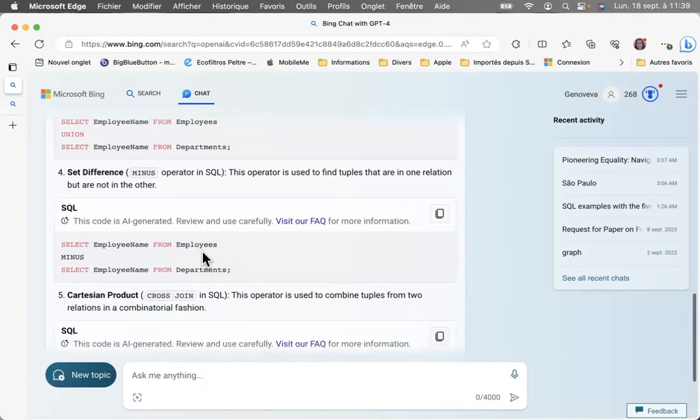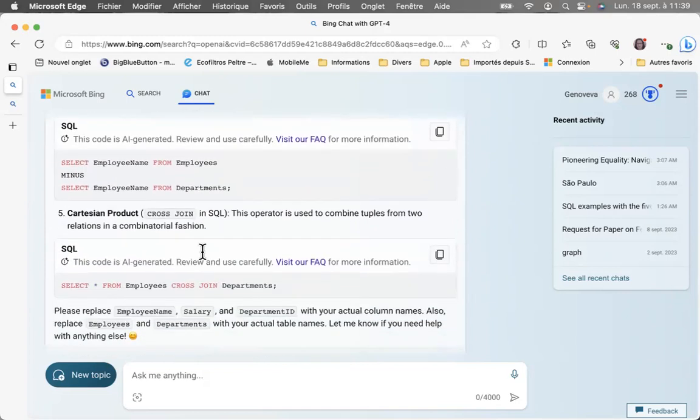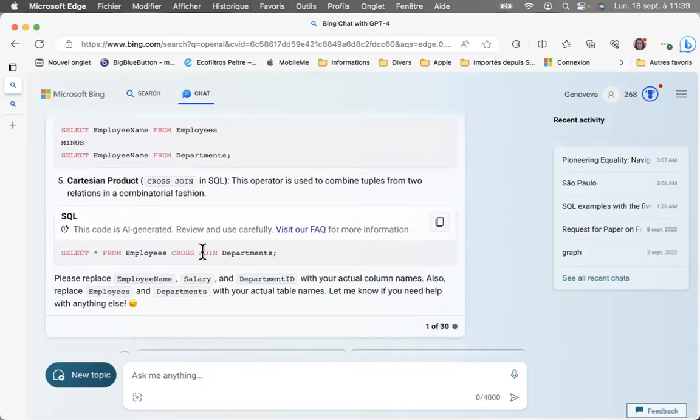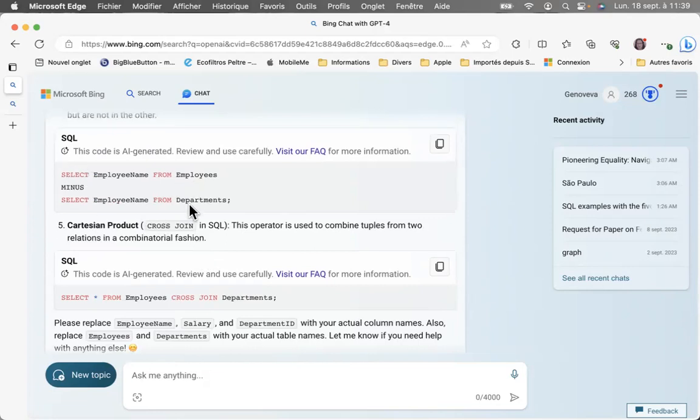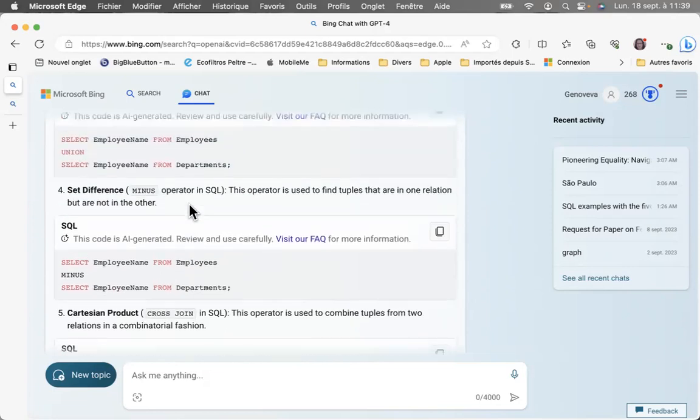Then we have the difference, and we have the Cartesian product. So these are the 5 basic relational operators that can be applied to a relational database and their expression in SQL.